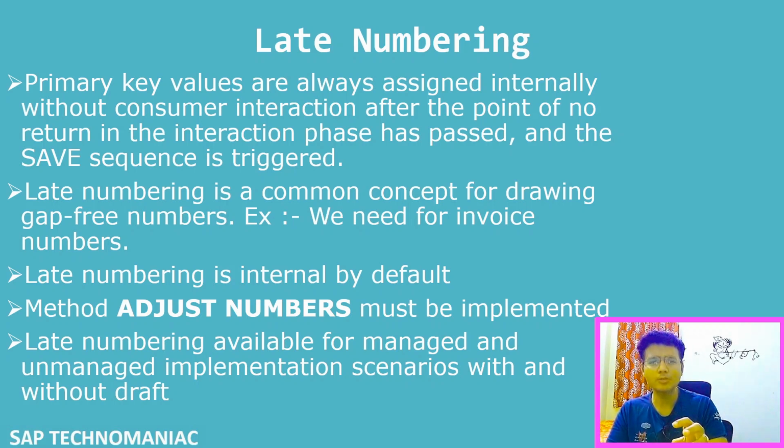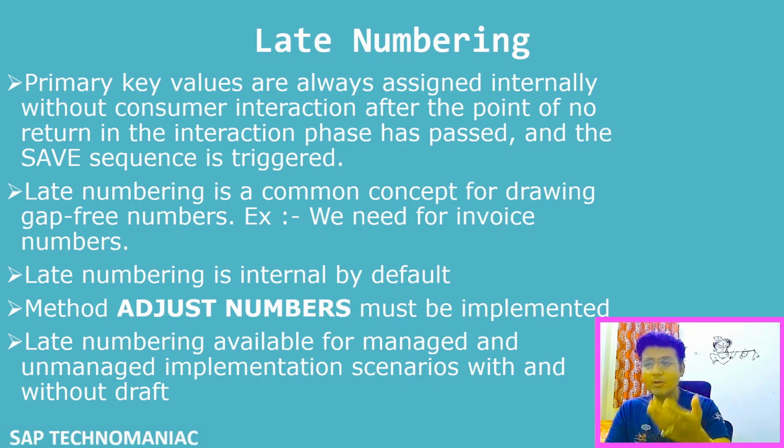Before that we will assign some CID, content ID, but I don't want to discuss the draft scenario now. We will discuss it when we create the application, or we will convert this application itself into draft. We will see how we can do it, but that ID will be assigned once the interaction phase is over, when we click on the save sequence.